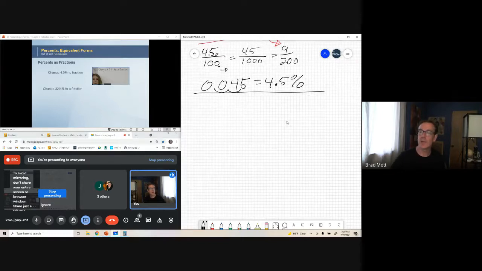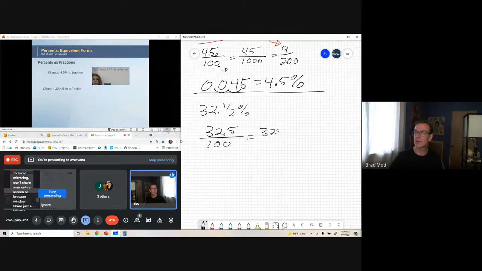So let's do another one. How about 32.5%? We're going to change that into a fraction. So the first thing I'll do is convert this 1/2 to a decimal. And I could get out the calculator and divide it, but I know that that is 0.5. So we have 32.5 over 100. And just like we did in the previous problem, we'll convert that to 325 over 1,000 and then simplify.